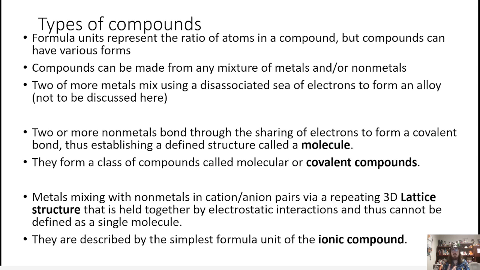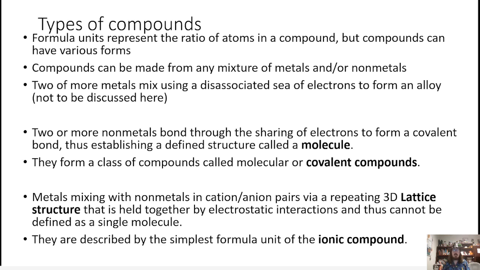This is how we form alloys. That's not going to be our discussion here. Alloys are done when we talk about solids and chemistry too. But the fact of the matter is, two metals together essentially makes an alloy. That's a completely different beast of compound.